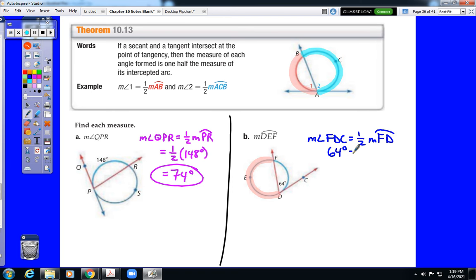So we have 64 degrees is half of arc FD. What is arc FD then? What do we do? Yeah, it's twice that, 128. We multiply both sides by 2, and we get that this arc in here is 128 degrees from F to D.